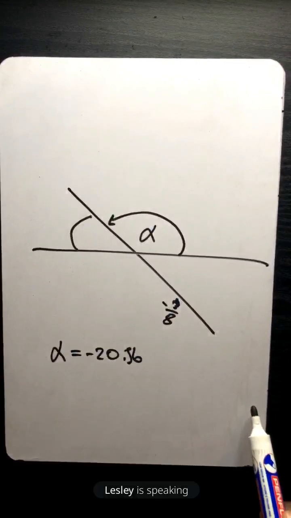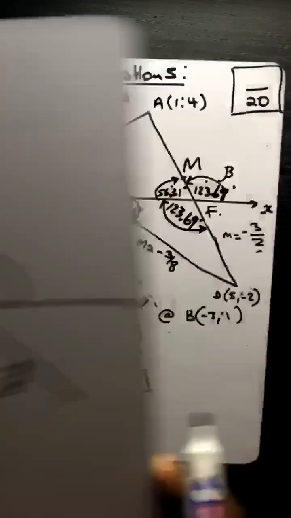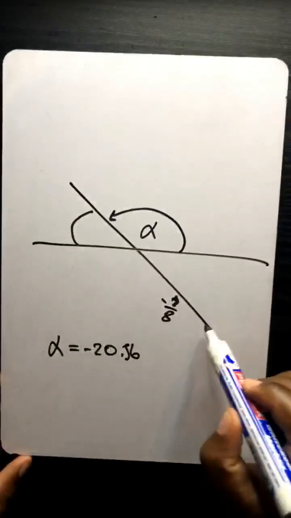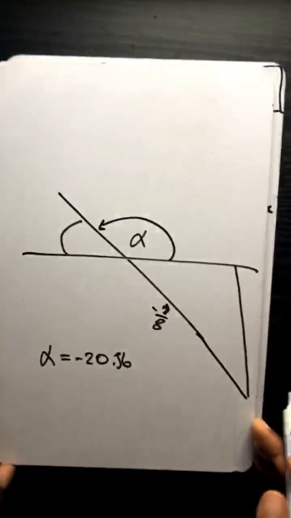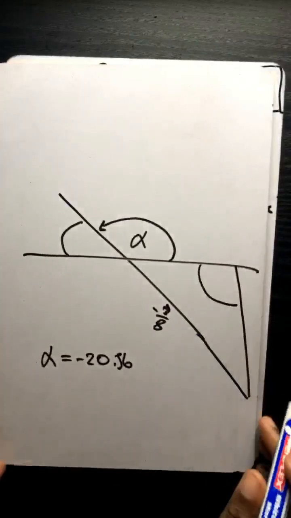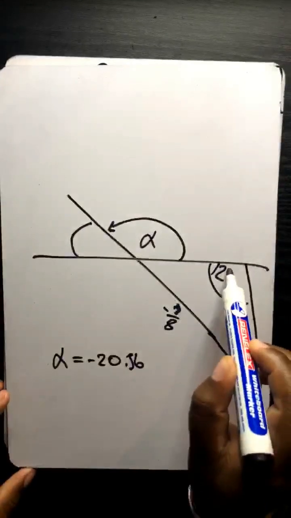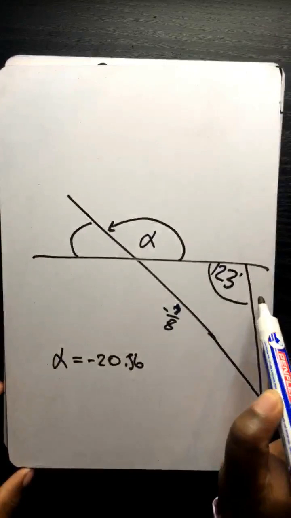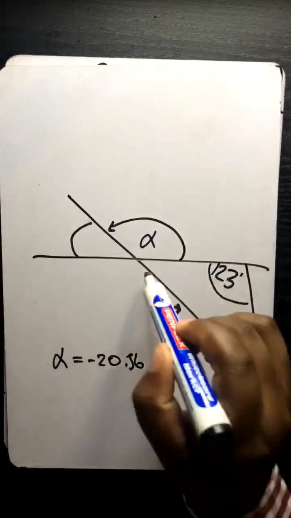Yes, sir. So remember, what we want, the Leslies, we already know what this angle is there. Let me just keep it simple and say we know this is 123. But the question wants us to calculate all the inside angles of this triangle.